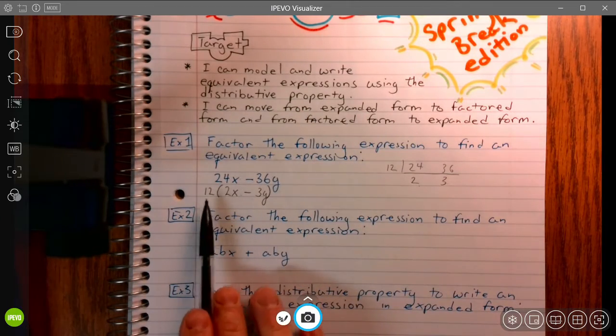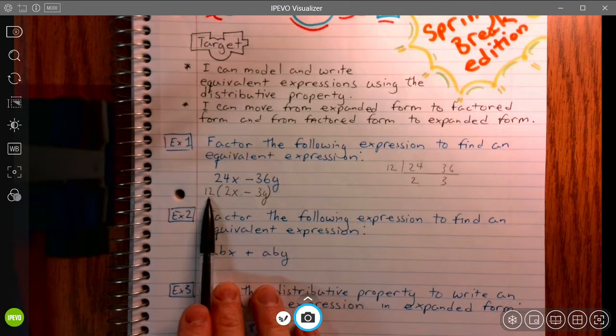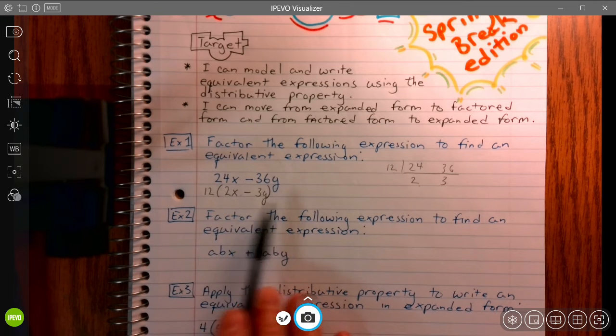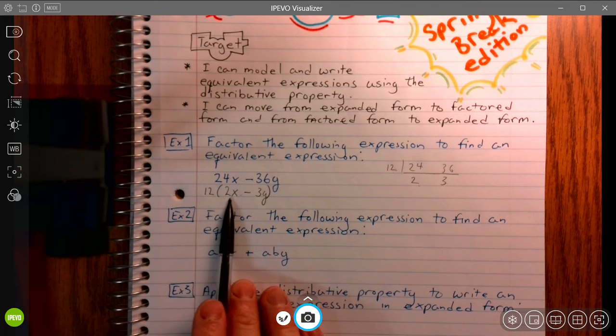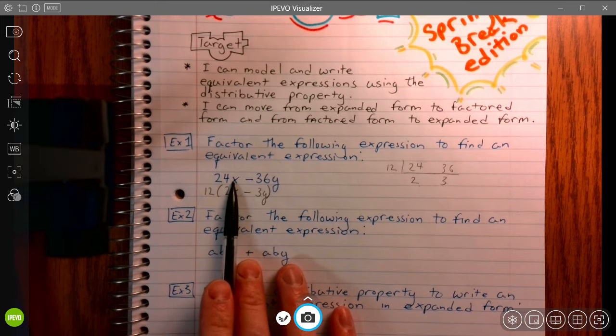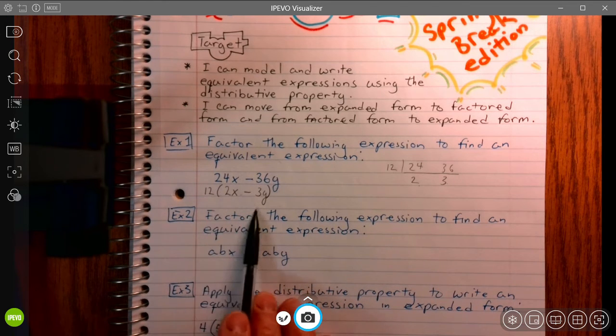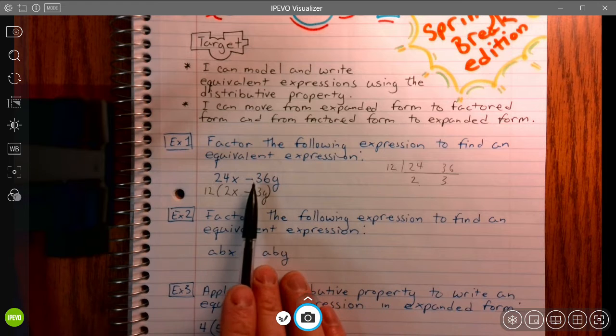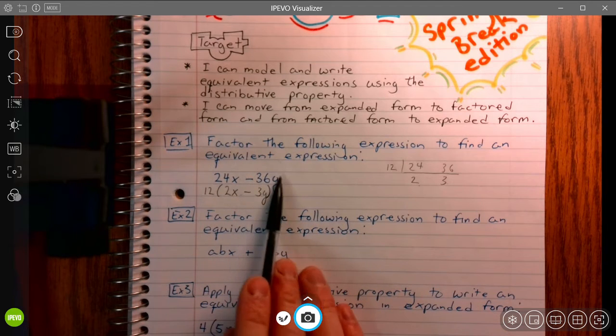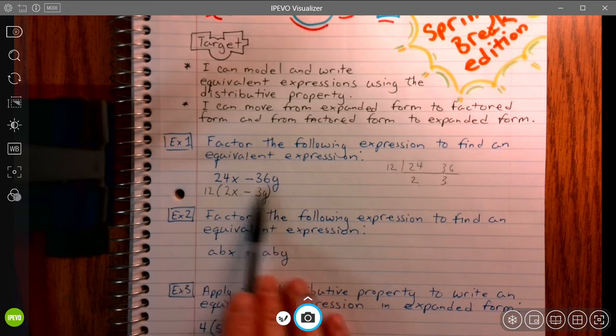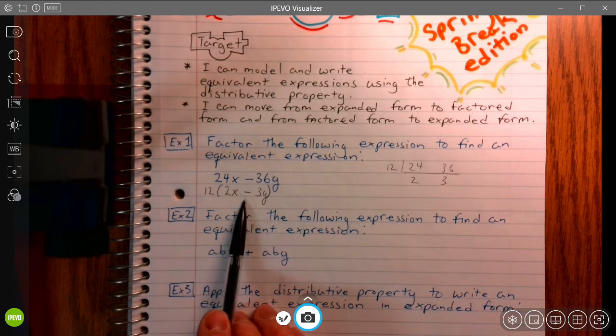Now notice, if I distribute this 12 back into my parentheses, well, I would have 12 times 2x. 12 times 2 is 24x, right? And 12 times negative 3 is negative 36, and that y stays the same, so I did it correctly. There's my answer. 12 times 2x minus 3y.